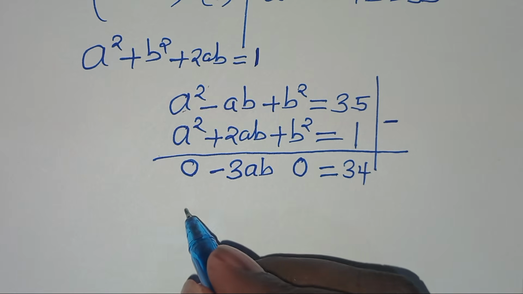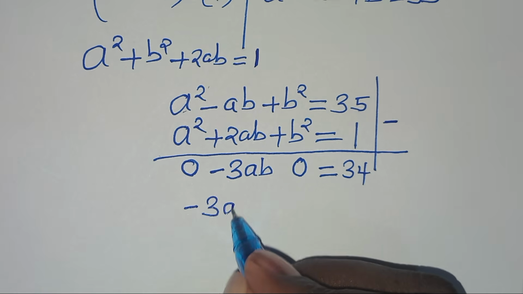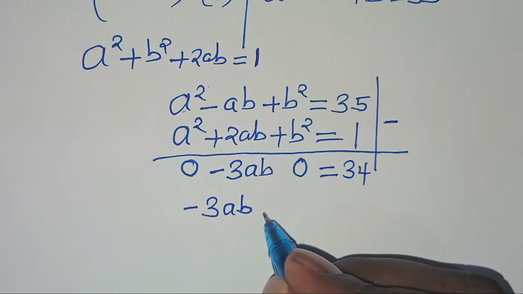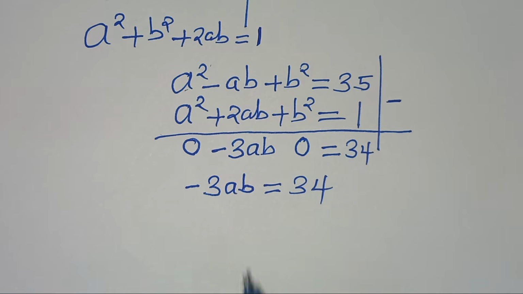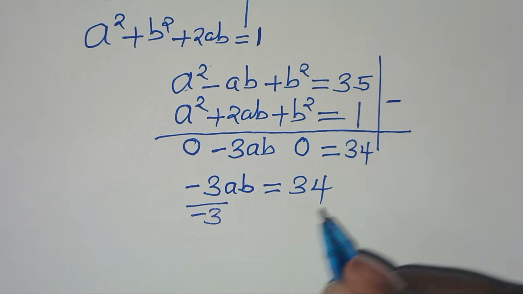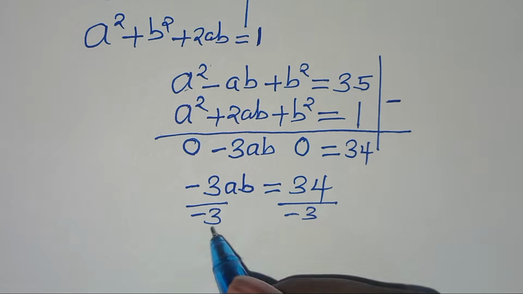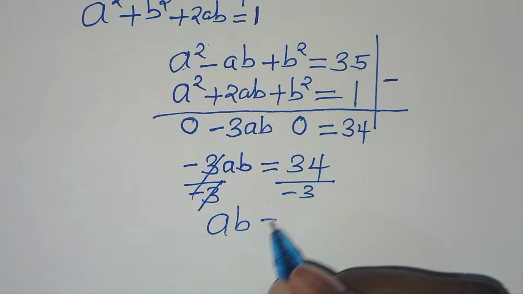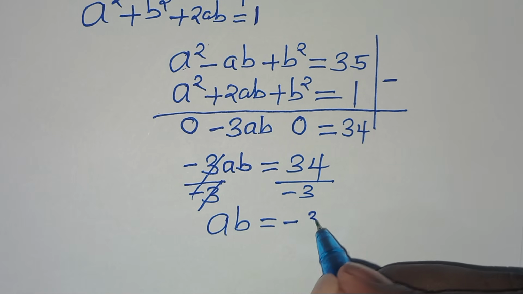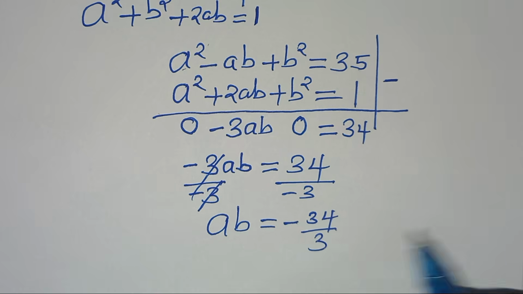Now here we have −3ab, this is equal to 34. If we divide both sides by −3, this implies that ab is equal to −34/3.